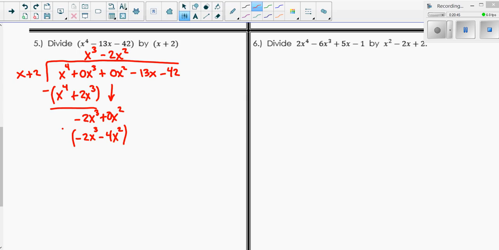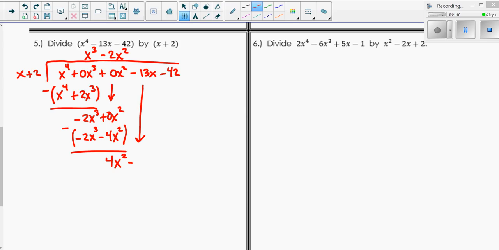Okay, I want to subtract these. Negative minus a negative becomes positive, so those cancel, which is great. A negative negative makes this a positive 4x squared, so 0 plus 4x squared is 4x squared. Just be careful with your handwriting here that things aren't getting too smashed together, because then we start losing positives and negatives, and things start disappearing or changing.